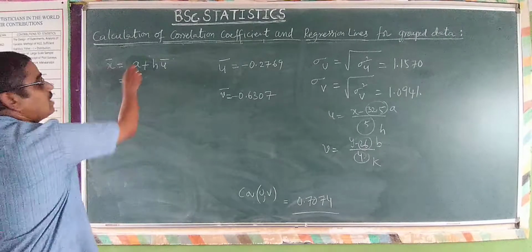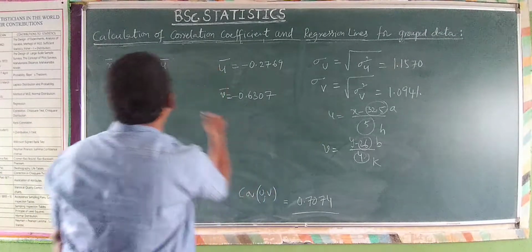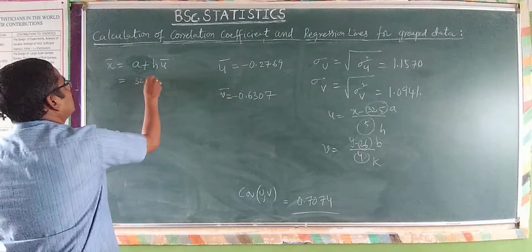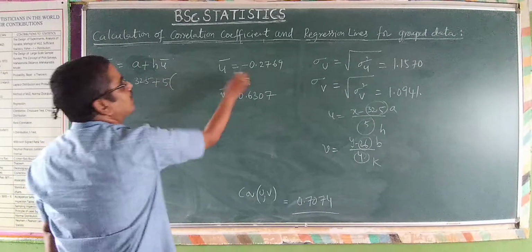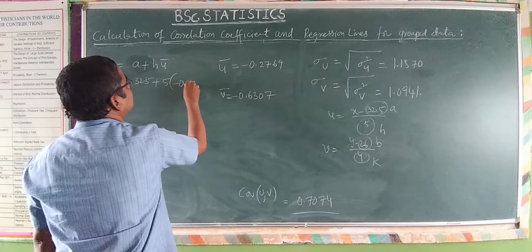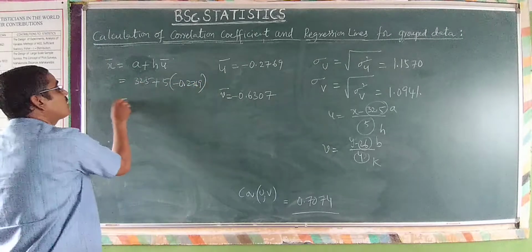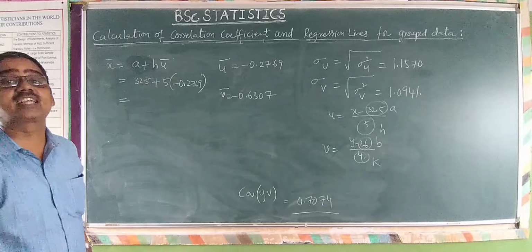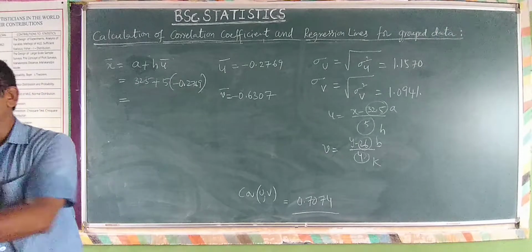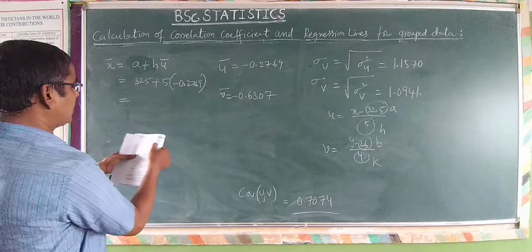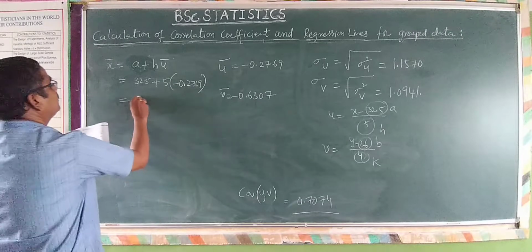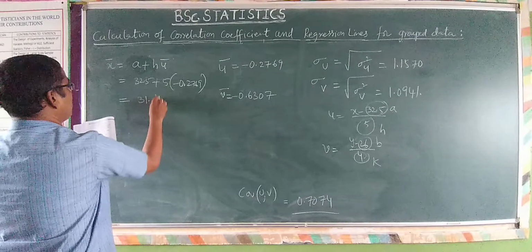So therefore, now we can write the values. What is A? A is 32.5 plus H, which is 5, multiplied by U bar, that is minus 0.2769. This is the conversion of U bar in terms of X bar. What is X bar? X bar is equal to 31.1155.